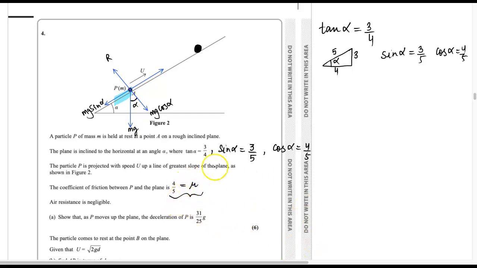Okay, now we are going to be using the equation of motion, F equals ma. So as you can see, we are having both the forces, like frictional force as well as this component of the force, component of weight going downwards.